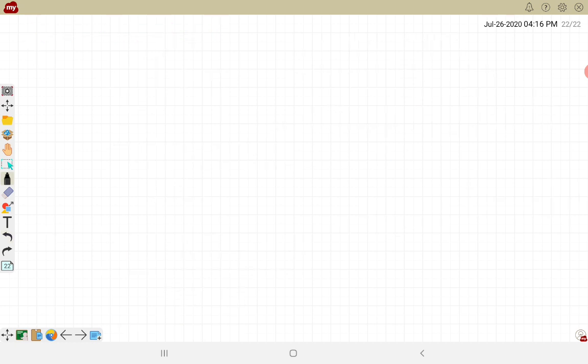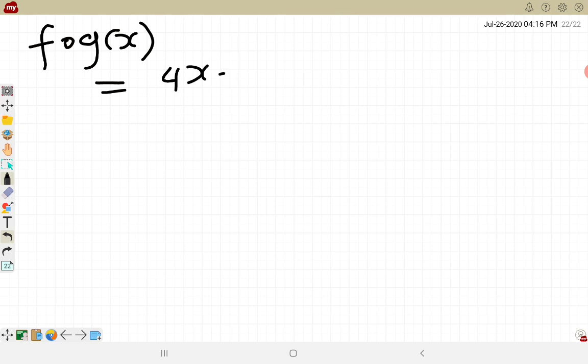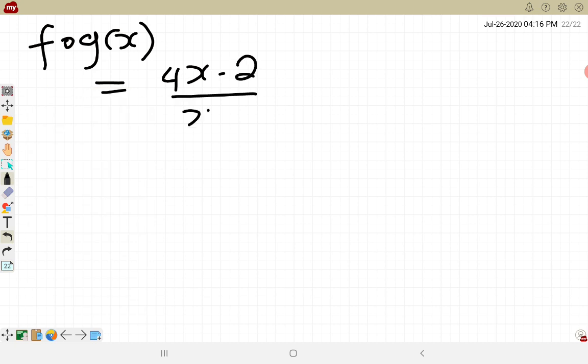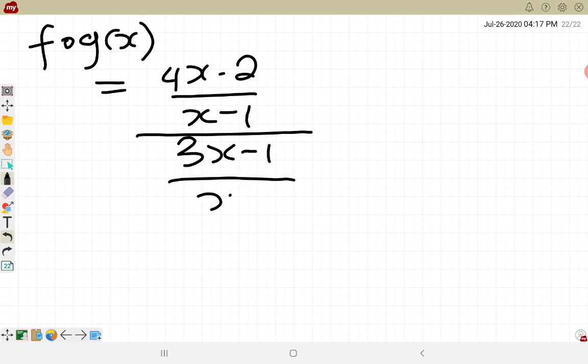Combining the two together, we have f composition g of x to be the numerator 4x minus 2 over x minus 1, all over the denominator 3x minus 1 over x minus 1.